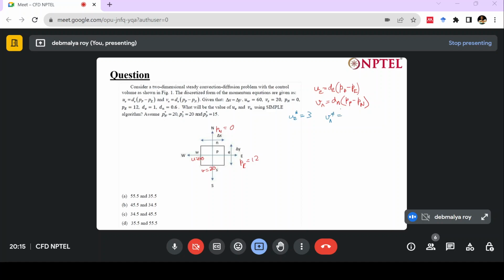So Vn star. Here Dn is 0.6. So Pp is 15 and Pn is 0. So 15 into 0.6, that will be 9. Right, that will be 9.